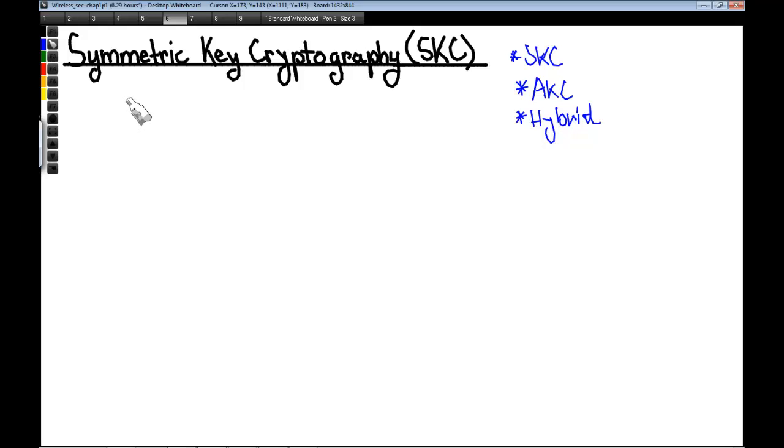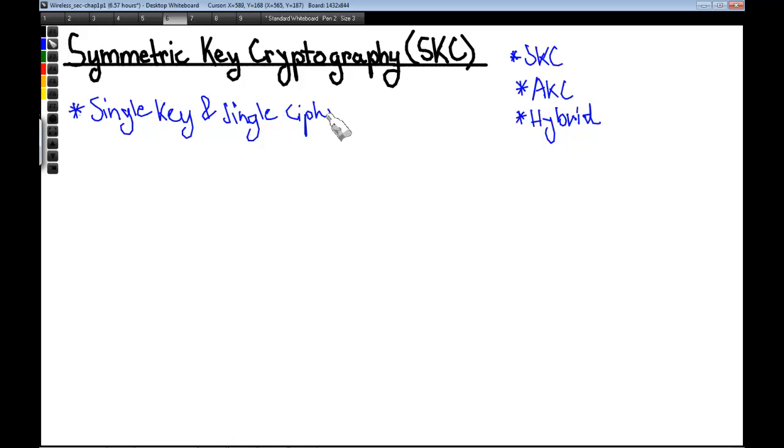So what is SKC, or symmetric key cryptography? In symmetric key cryptography, the receiver and the sender, both the parties or both the nodes, share a single key and a single cipher that is represented by the single key.